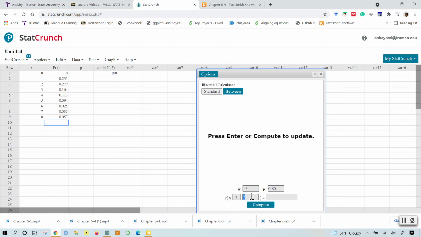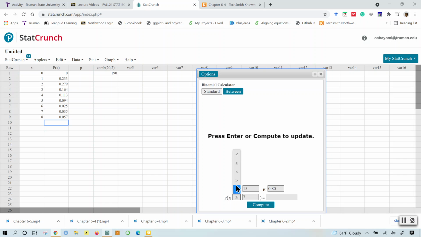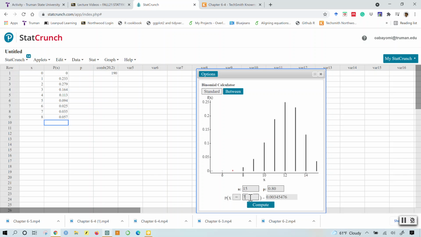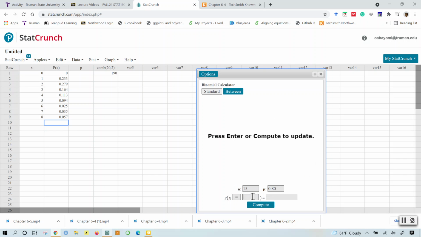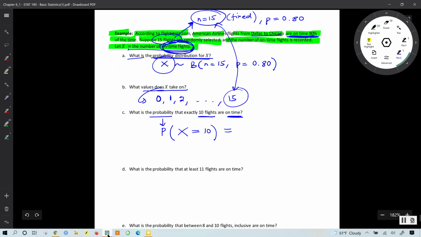And next, we are interested in equal to 10. So let's adjust that, equal to 10. And compute. And that value is 0.1032.